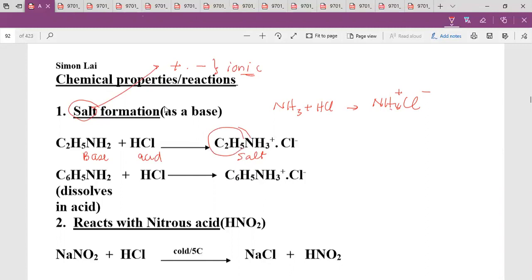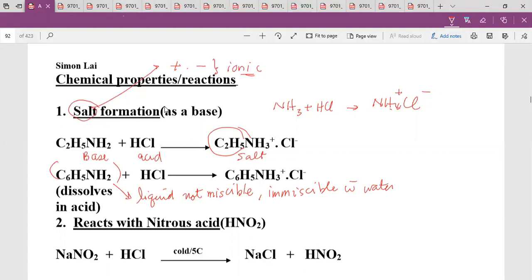That's all. So remember now, your phenylamine is a liquid, but it is not soluble in water. It's not miscible, they call it immiscible, that means it won't dissolve with water.